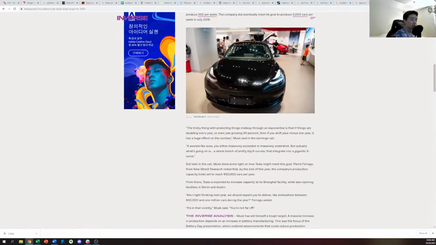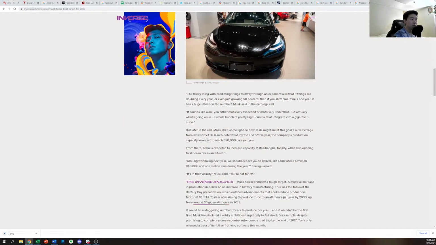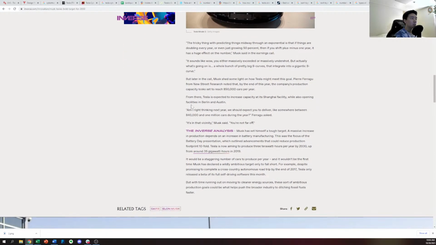The tricky thing with predicting things midway through an exponential is that if things are doubling every year or even just growing 50%, then if you shift plus or minus 1 year, it has a huge effect on the number. It sounds like, wow, you either massively exceeded or massively undershot, but actually what's going on is a whole bunch of pretty big S-curves. But later on, Musk shed some light.